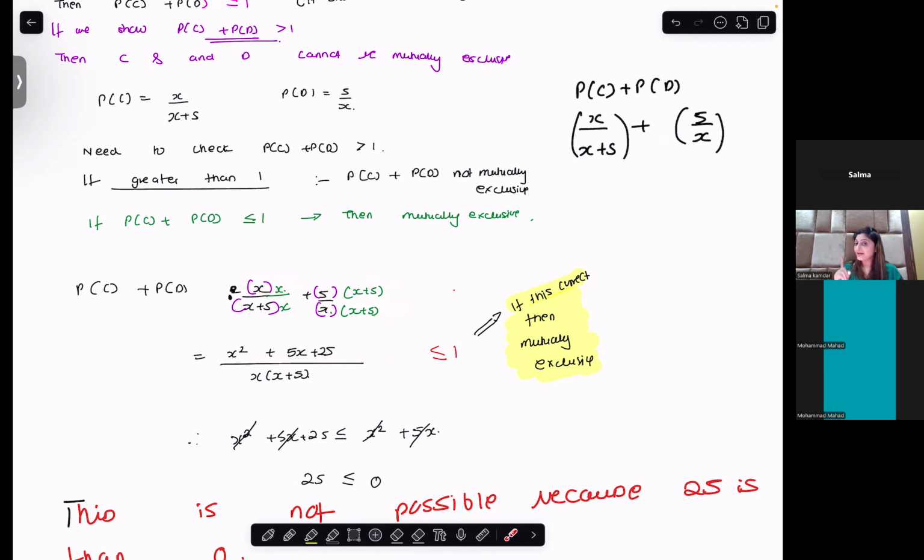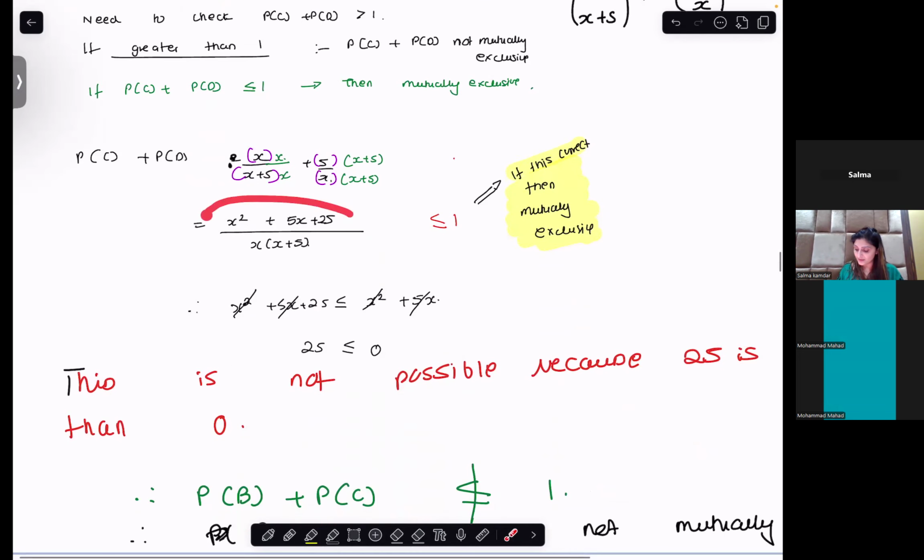What had we discussed? If C plus D is less than or equal to 1, then it will be mutually exclusive. But if this is incorrect, then it will not be mutually exclusive. So I am trying to solve this. The numerator would remain over here, and I'm multiplying both sides by x into x plus 5.